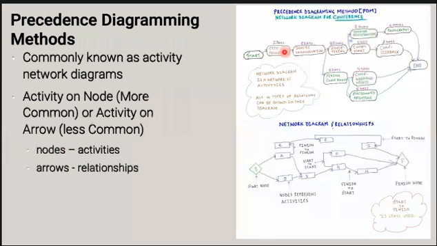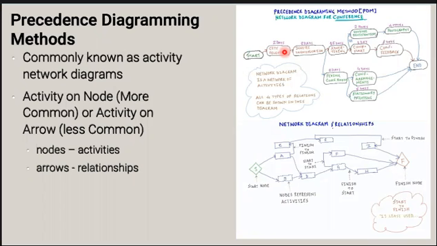So we're going to start with the precedence diagramming method, which is a fancy name given to activity network diagrams. And this is a well-worn engineering tool used since, well, probably since way before I was alive anyway, late 70s, early 80s, and so on.